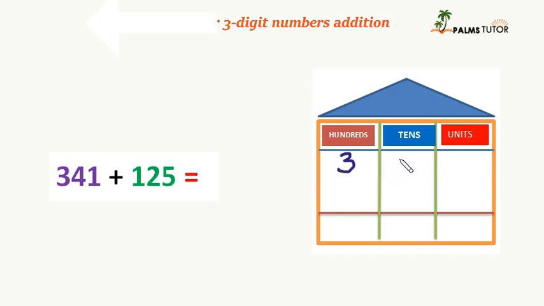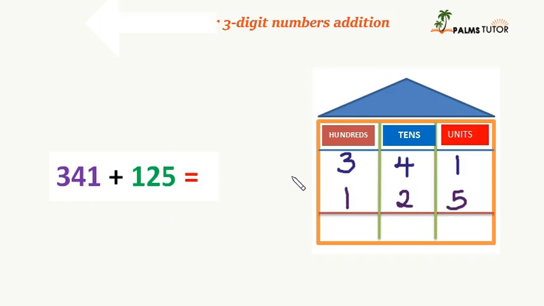300, 4 tens, 1 unit, plus 125: 100, 2 tens, 5 units.